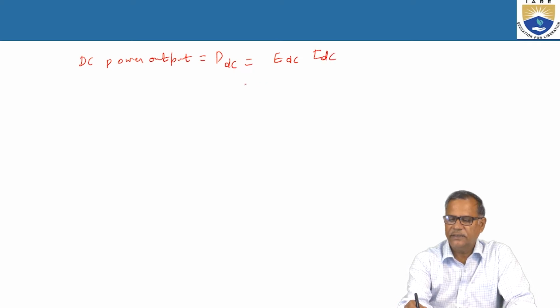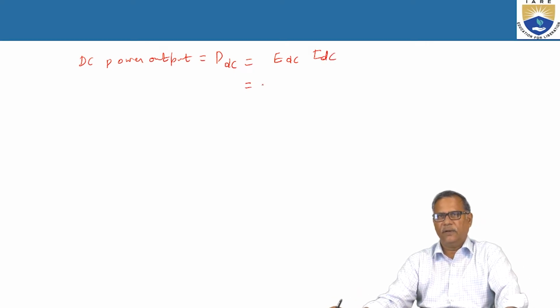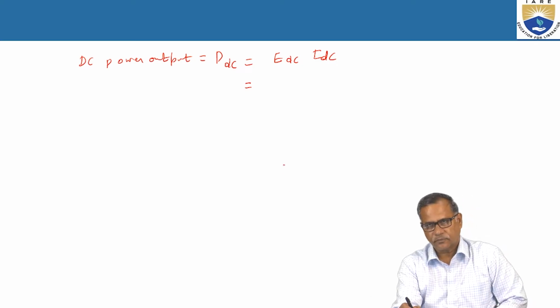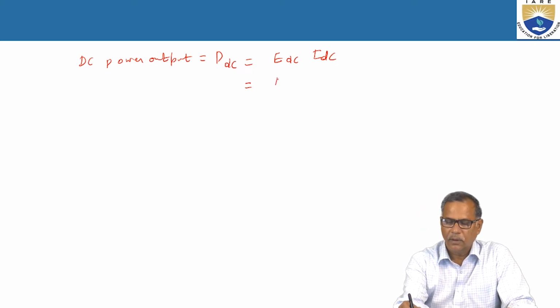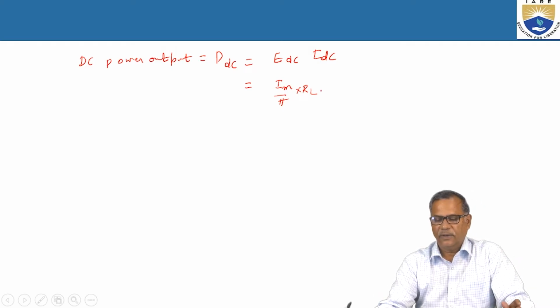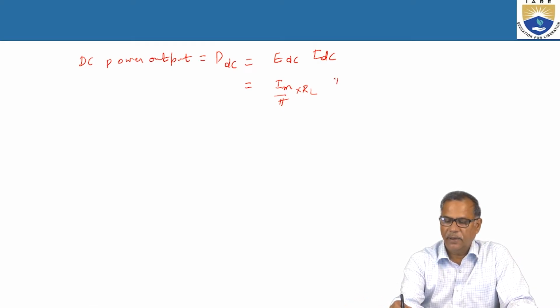And what is EDC? EDC we have calculated just now, and it is Im by pi into RL. And what is IDC? IDC is Im by pi.